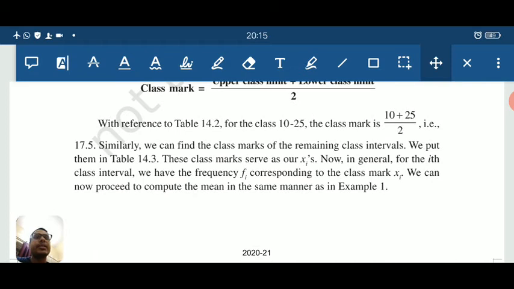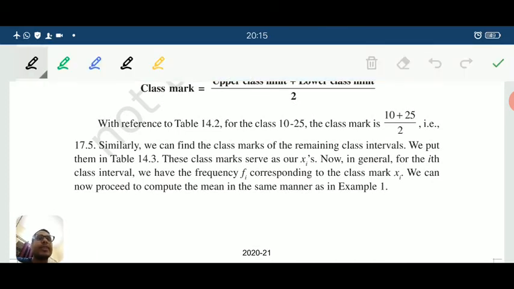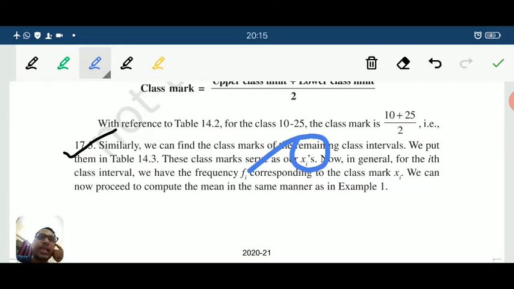So here we get 10 plus 25 by 2, which is 17.5. So these class marks serve as our xi's. Now in general, these class marks will be treated as the observations only, that is xi. So in general, for the ith class interval, we have the frequency fi corresponding to the class mark xi.